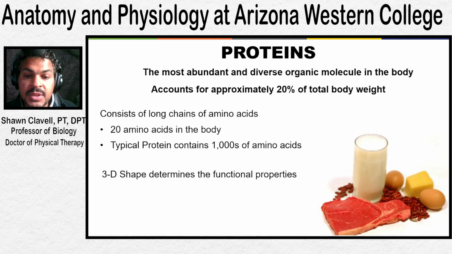The amino acids, the monomers, are held together by what's called a peptide bond. Proteins in the body include examples like keratin in the skin, hair, and nails. One of the more common proteins is the collagen fibers, a protein structure that gives strength and durability to the skin and hair.